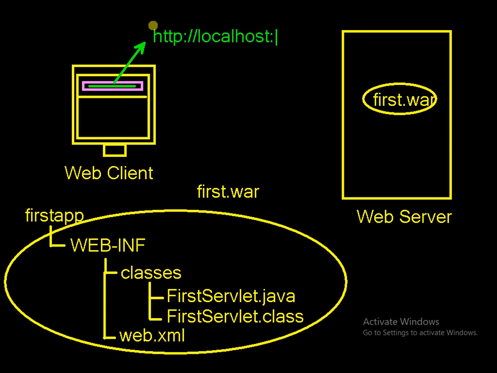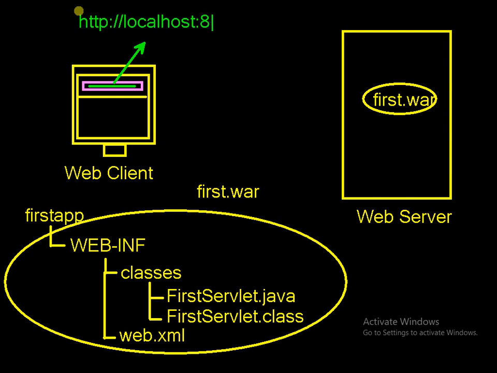If the server is installed on the same computer, then you can use localhost. If the server is installed on another computer, you have to use the computer name, that is nothing but the domain name. Suppose the server is installed on the same computer, then we can use localhost.